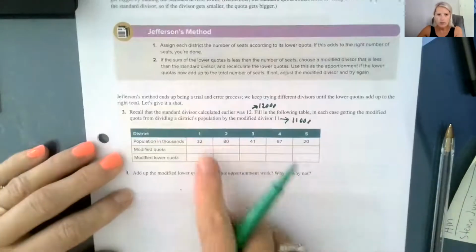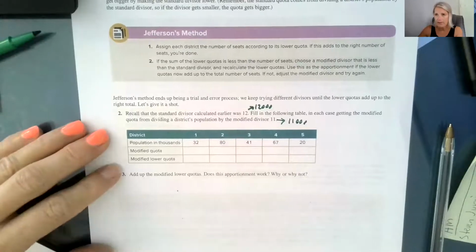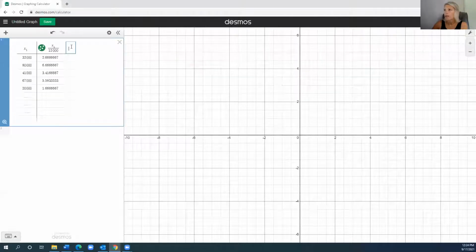Okay, so we're now going to take our population in the districts and we are going to divide by 11,000. And we're going to go back to Desmos so you can see how to do that. So in Desmos, I'm going to click right here and it's going to let me do another calculation with X1. Now I want to divide everything by 11,000 and see what comes out.